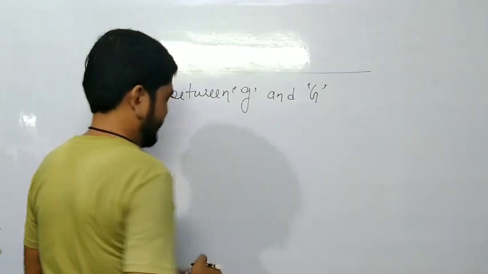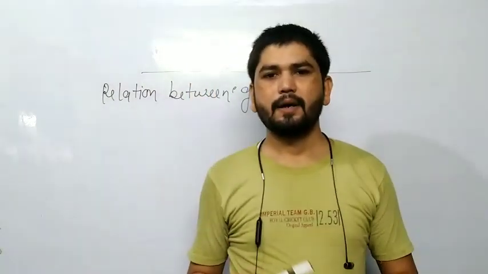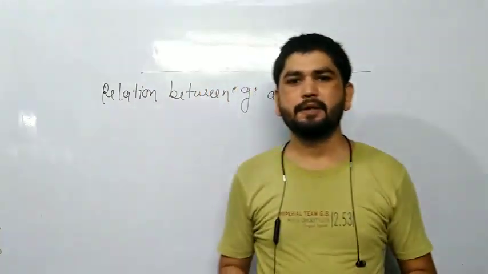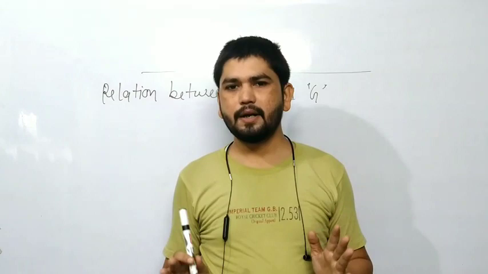What is small g? Small g is here acceleration due to gravity. And what is capital G? Capital G is here the universal gravitational constant. Okay class?